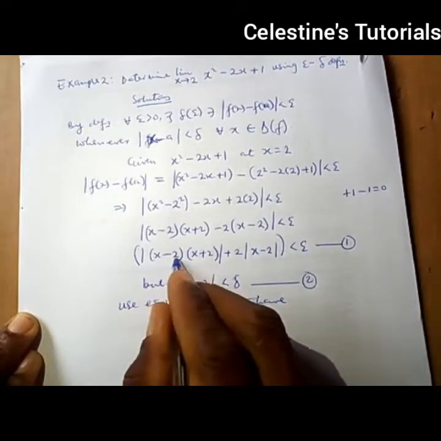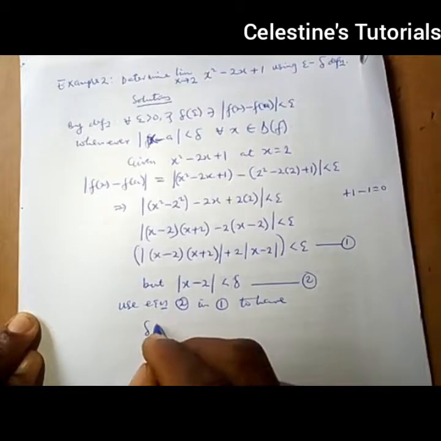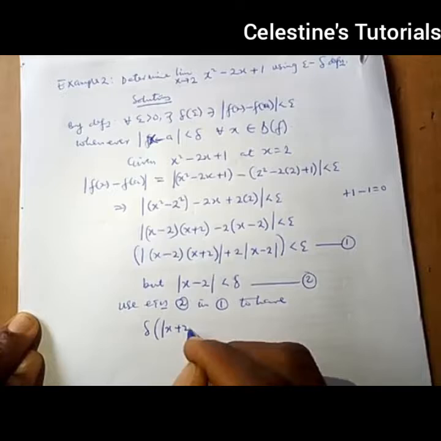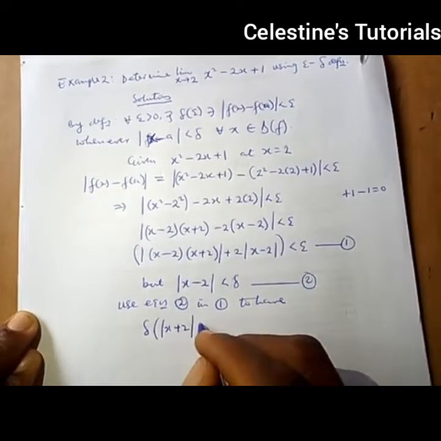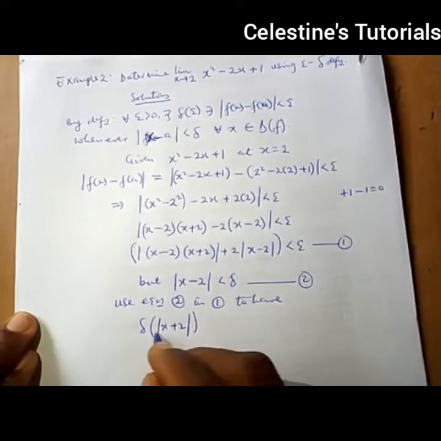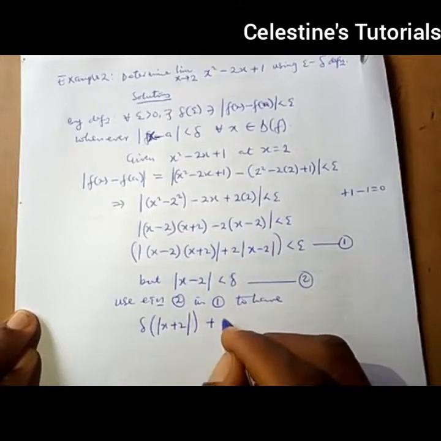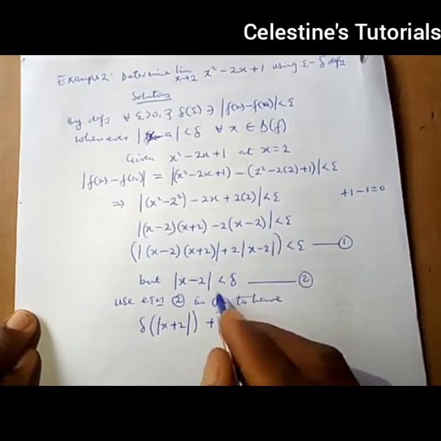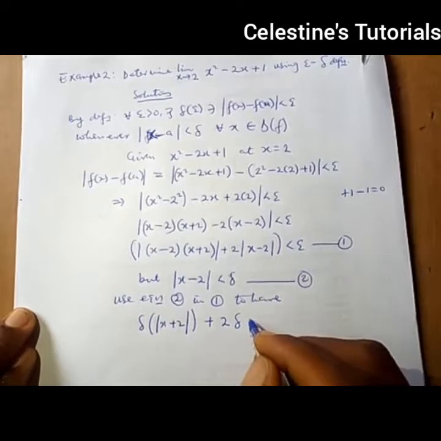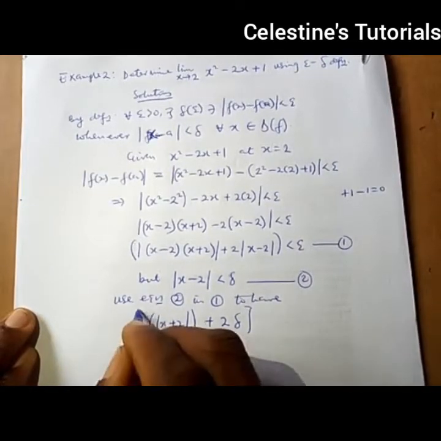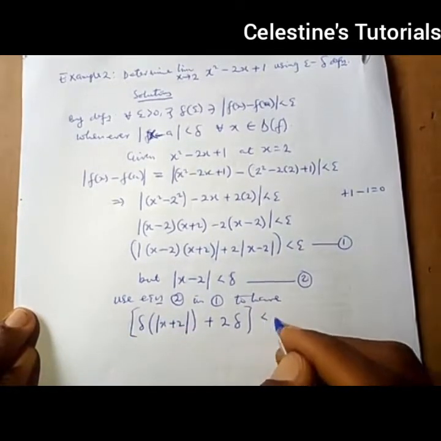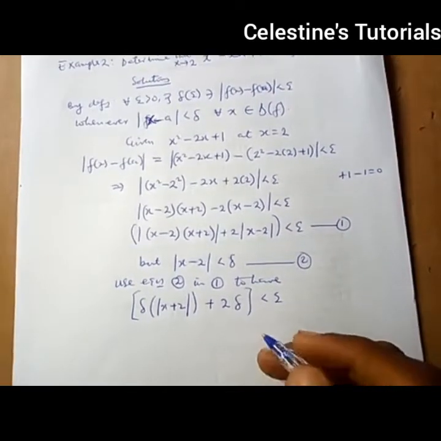So here you have |x minus 2|, you now have delta, multiplied by |x plus 2|, less than epsilon.